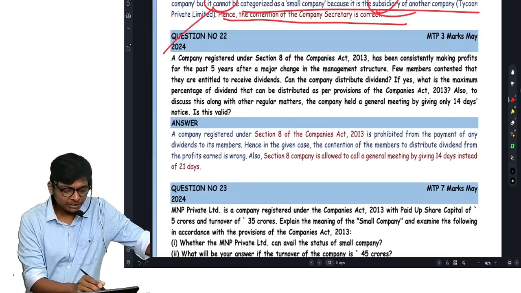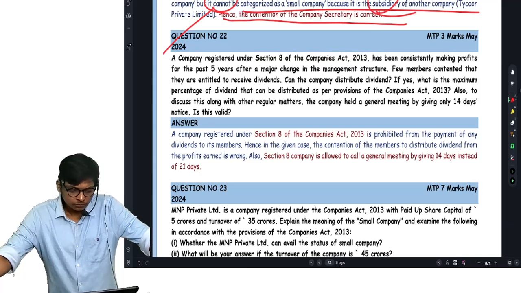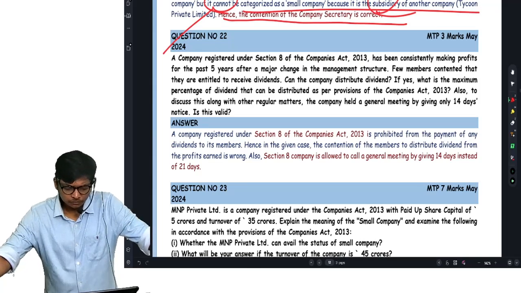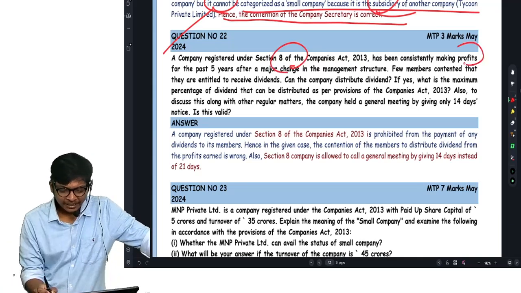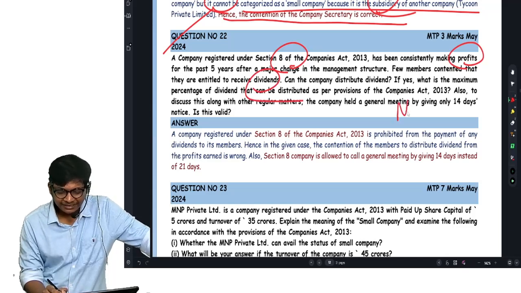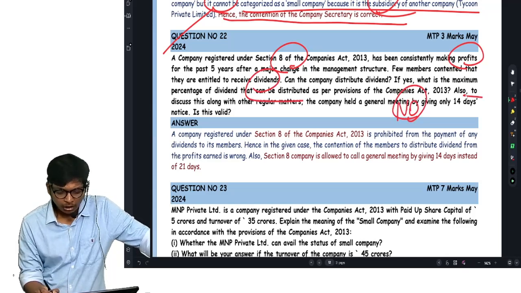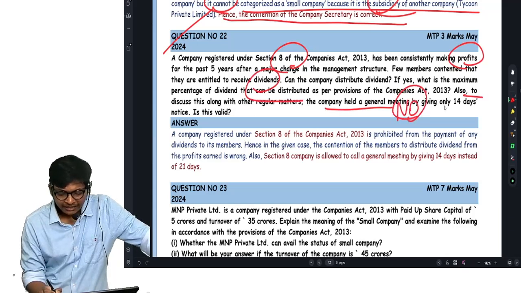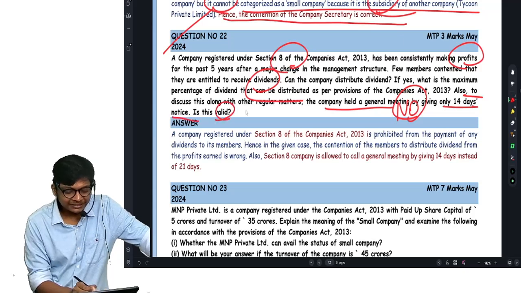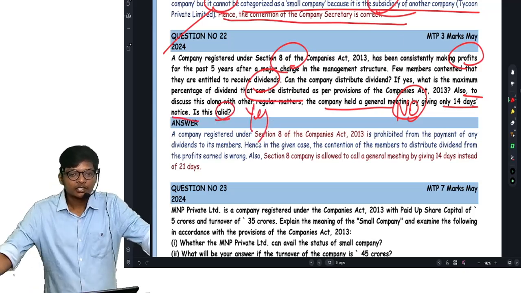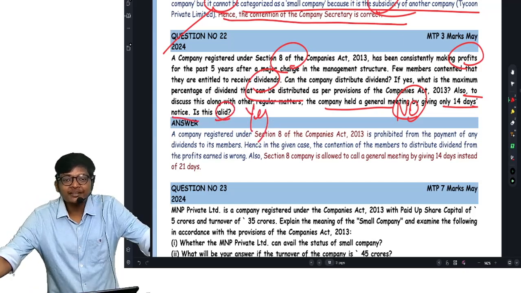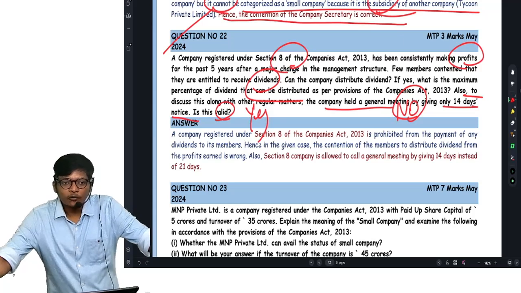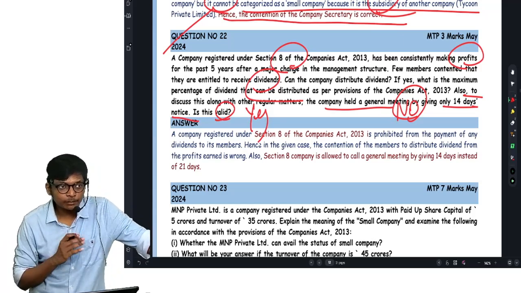Next, question number 22. A company registered under Section 8 making profits wants to give dividends. Can they give dividend? No. Also, the company held a general meeting giving only 14 days notice. Is this valid? Yes. For a Section 8 company, instead of 21 days notice, they can give 14 days notice. It is there in the book as a point.